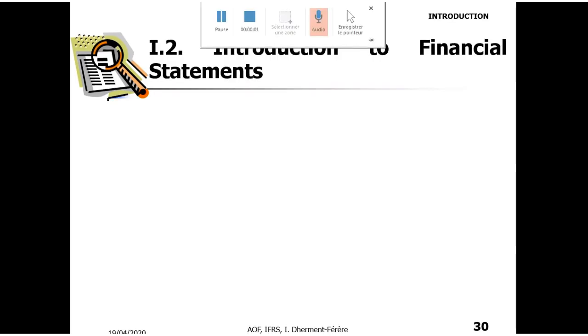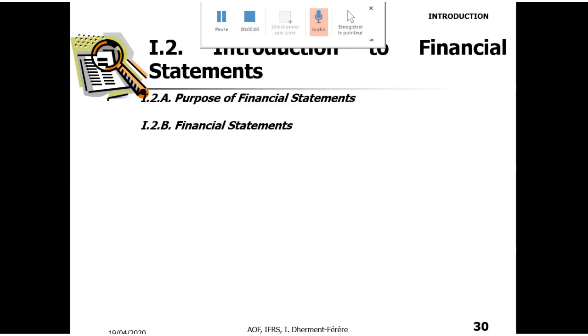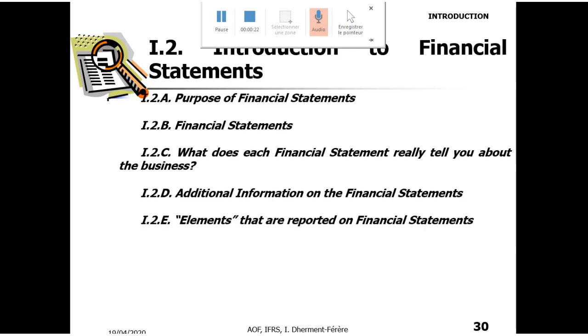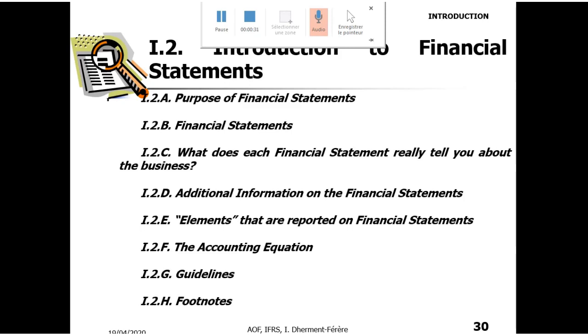In this part, we will see the purpose of financial statements, what each financial statement really tells you about the business, additional information on the financial statements, elements that are reported on financial statements, the accounting equation, guidelines, footnotes, and auditor's report.